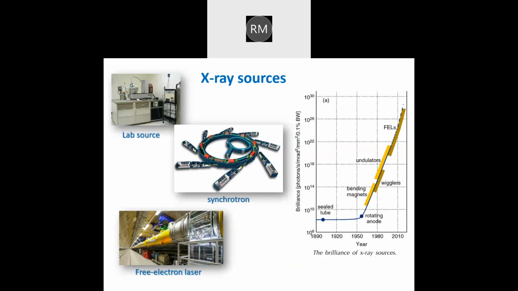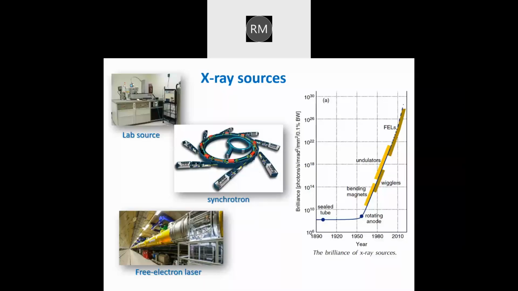So how are these X-rays produced? There are different methods to produce X-rays, because you require an intense beam of X-rays. First is the lab source. There are two parameters of X-rays. One is the energy of X-rays or wavelength of X-rays; these are the same terms.